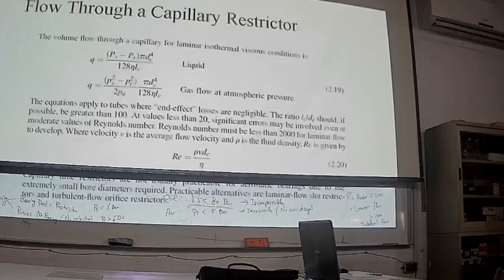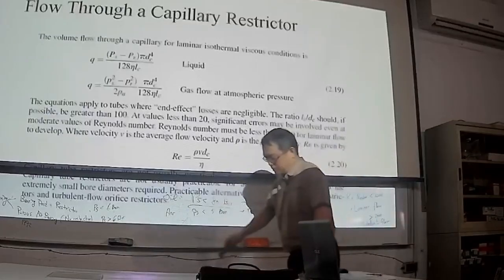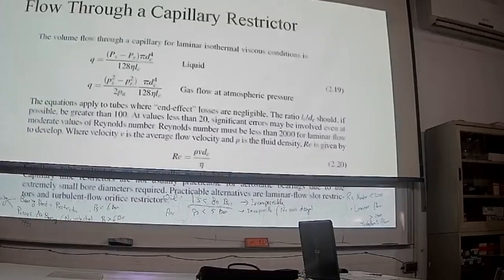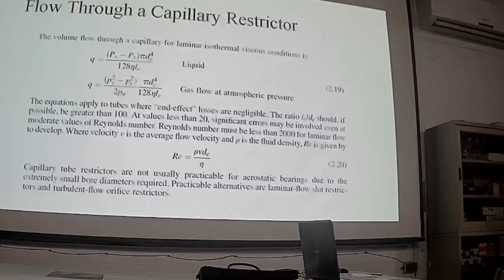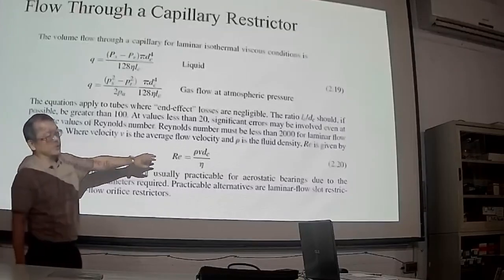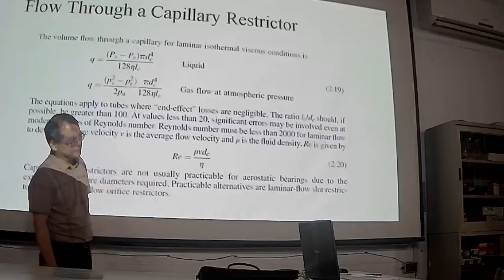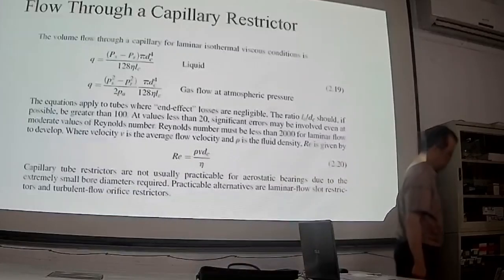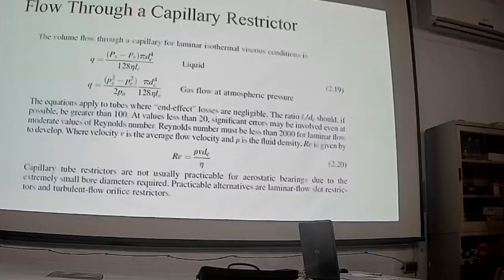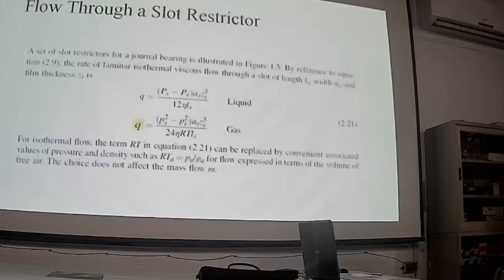For the capillary restrictor, which is a laminar flow restrictor, we can double check the Reynolds number to see if it is really laminar. This is pipe flow, the velocity in the capillary tube, so we can calculate the Reynolds number. If it is smaller than 2000, it is laminar.